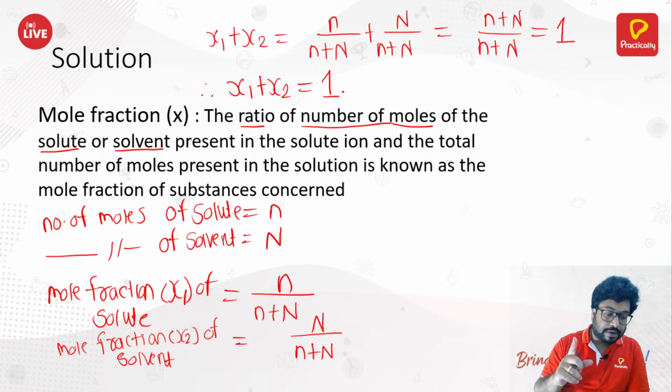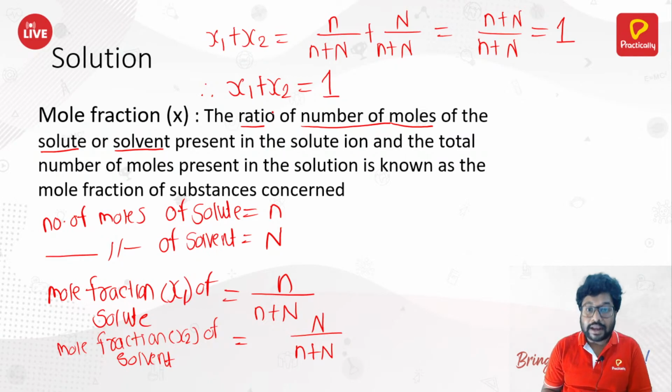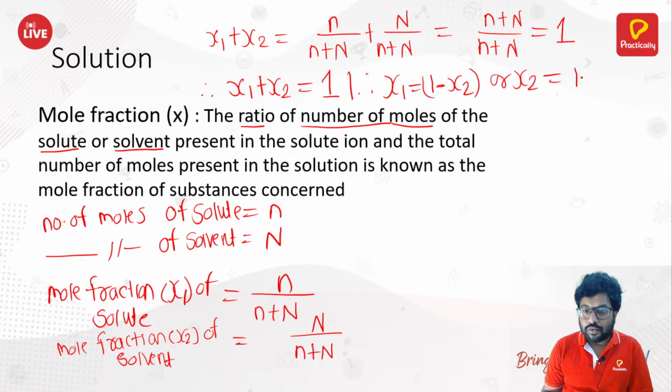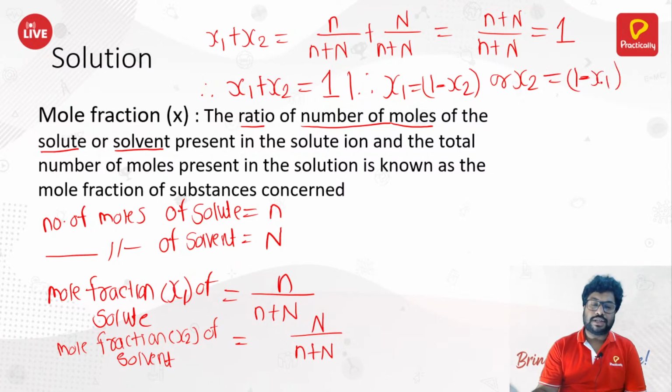Remember that it will never be different, and therefore phi 1 is equal to 1 minus phi 2, or phi 2 is equal to 1 minus phi 1.